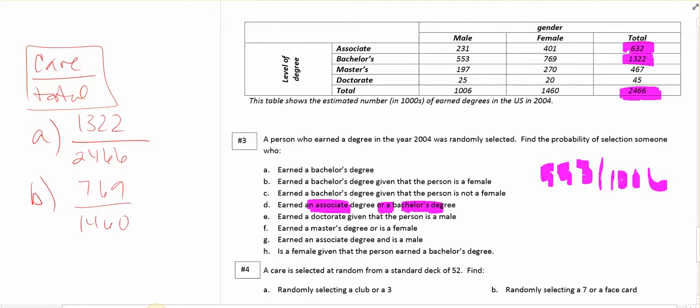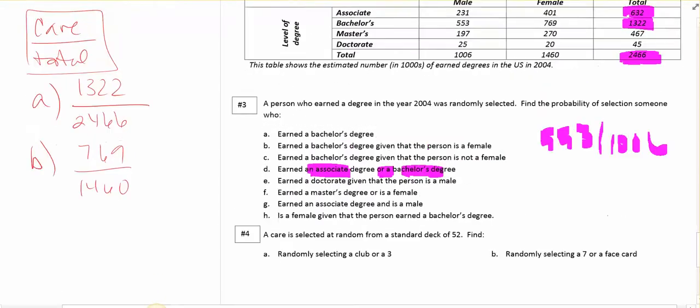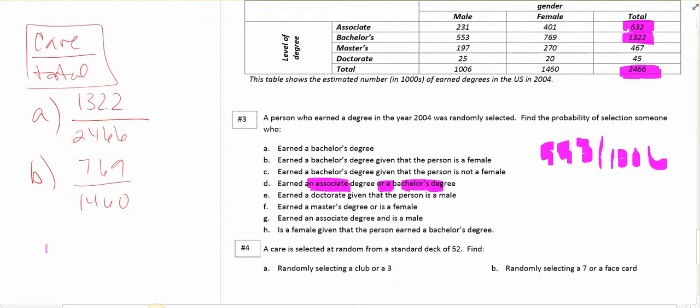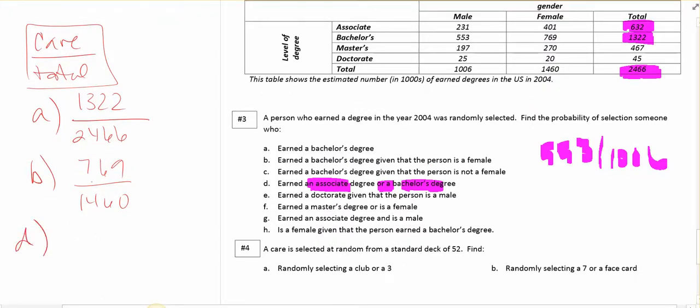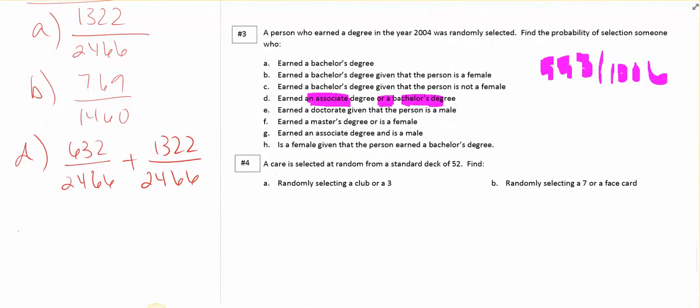Here's my bachelor's, and nowhere on here does it talk about that you could have both. So for part D, all I have to do is say, well, I need 632 divided by 2466 plus 1322 divided by 2466, and I'm good to go.